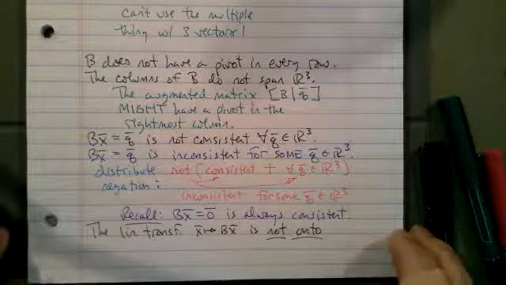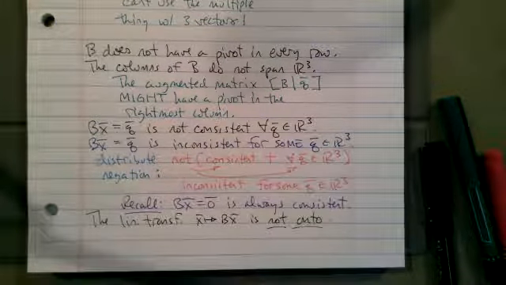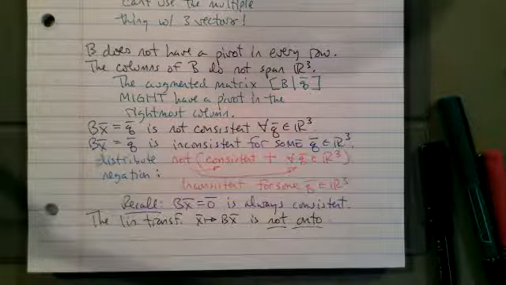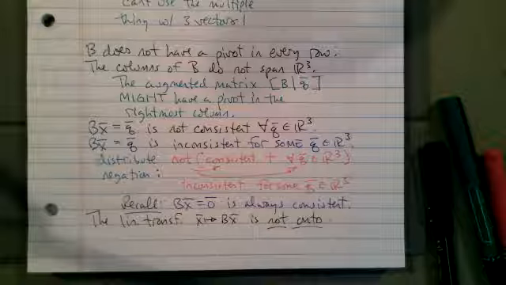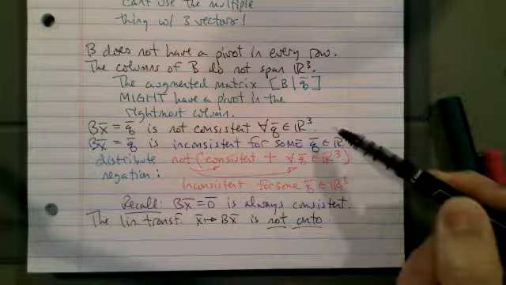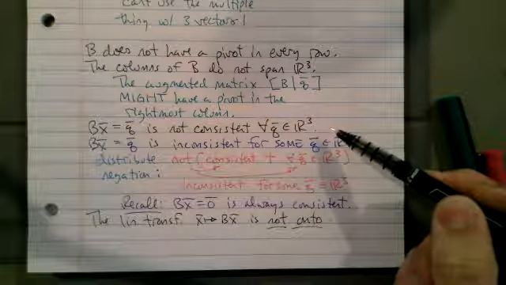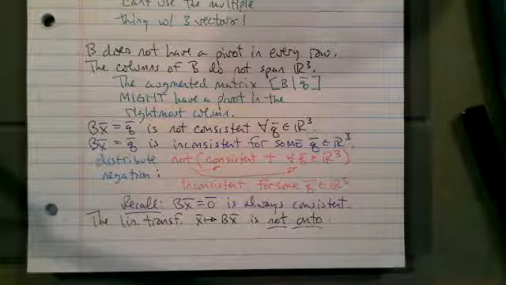What that means is that the range of B is a proper subspace of the domain. That's too much subspace, it's bringing too much stuff into it. The range of B is not all of R3. Oh, that's what we set up here. Bx equals Q is not consistent for all Q in R3. Any questions?